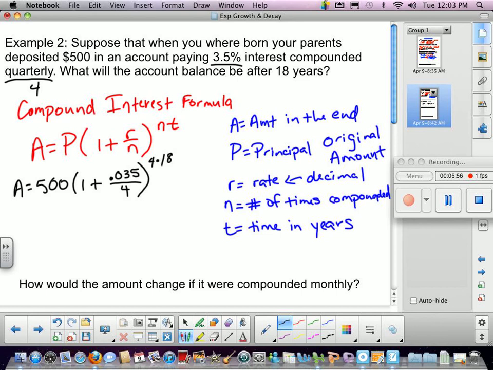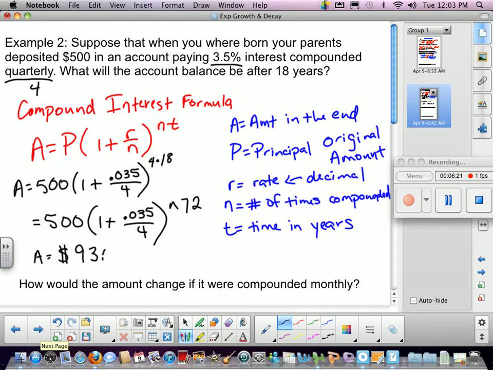So when we go to put this into the calculator, we can type this in just like this, and then raise it to the power of 72. Go ahead and multiply the 4 and the 18 to get 72, so that when you plug it into the calculator, we should get an answer of $936.24.